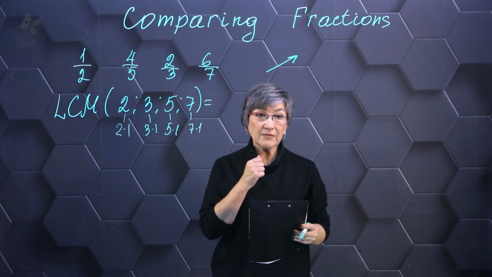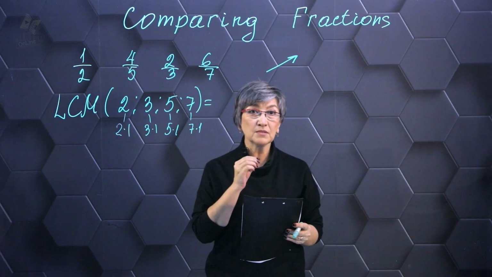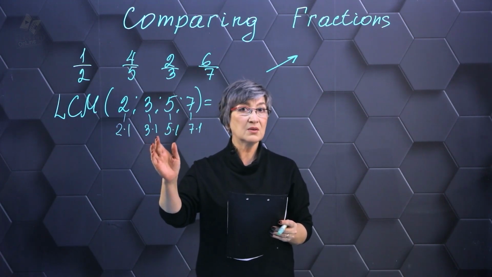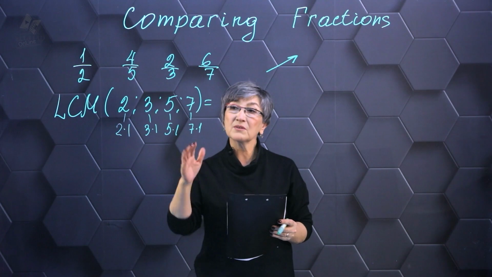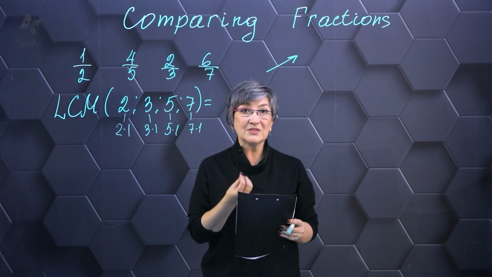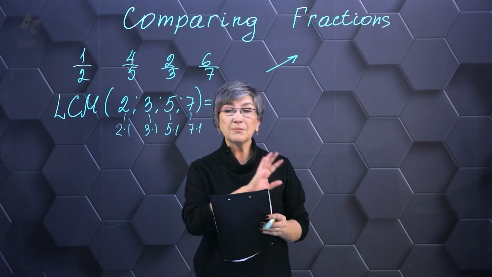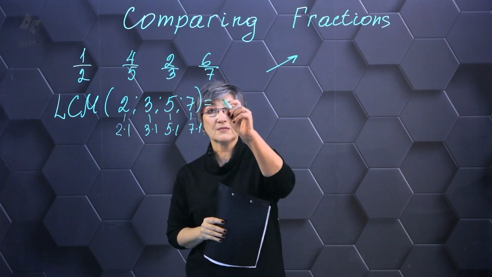I wanted to see if they have a common multiplier. Yes, there is that one, but when we find the least common multiple, we don't take the one into account. And then to find the least common multiple, I'm just going to multiply all of these numbers. So I'm going to write 2 times 3 times 5 times 7.